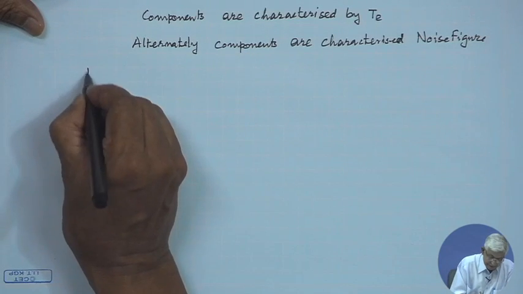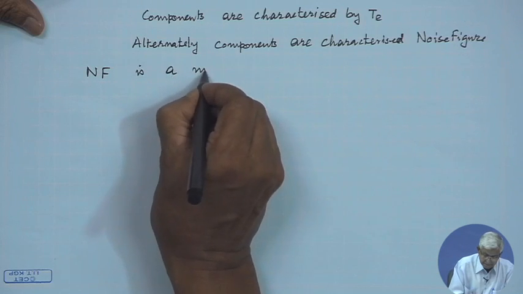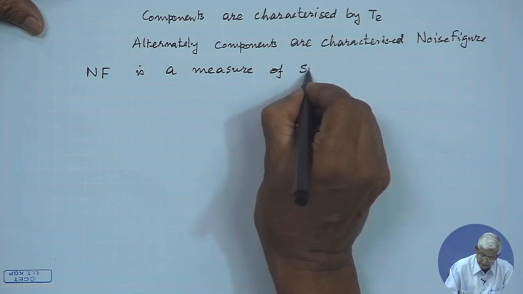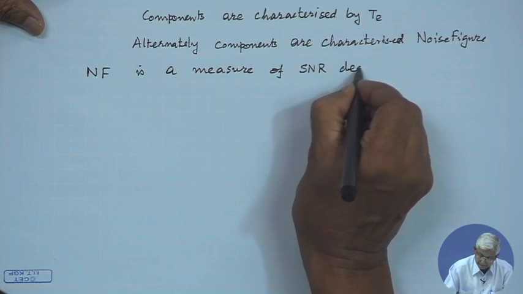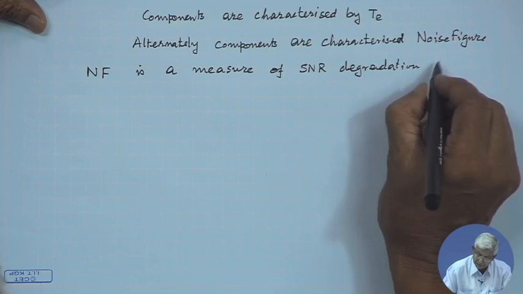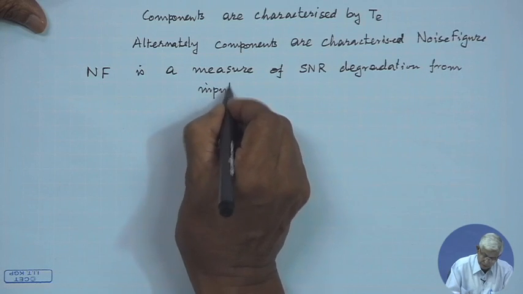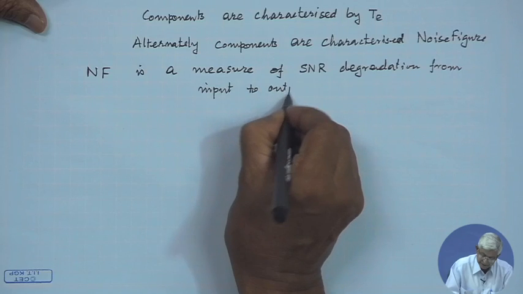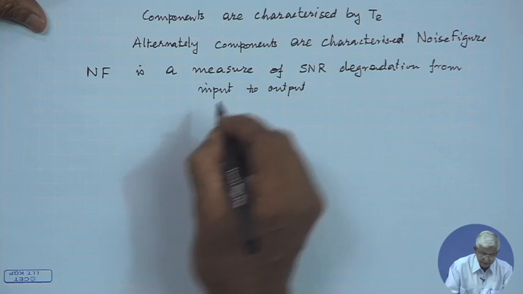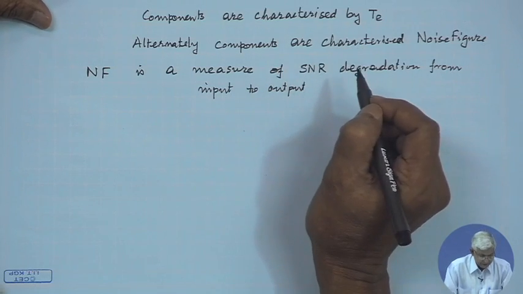Now, the noise figure is a measure of SNR degradation from input to output. By definition, noise figure is the ratio of input signal to noise ratio to the output signal to noise ratio.